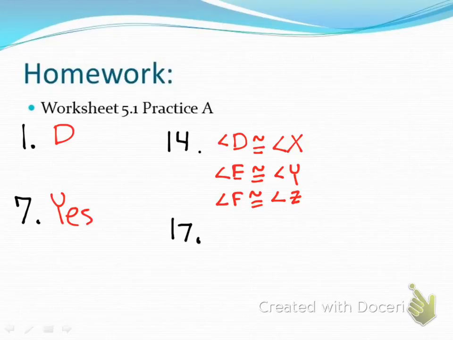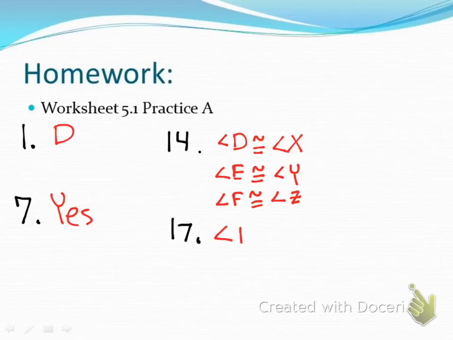And then the last one, it says, in the drawing of the house at the right, triangle PQR is congruent to triangle XZY. So do you see it starts at the top and then it goes to the outside of the house and then to the inside of the house? That's going to matter on this next one because it says use the order of the letters in the congruent statement above to list all the corresponding congruent angles.